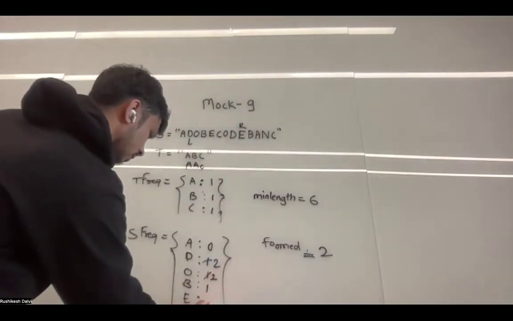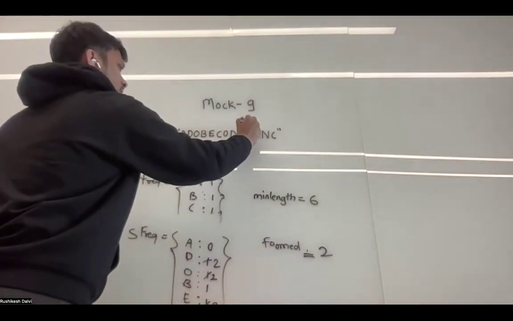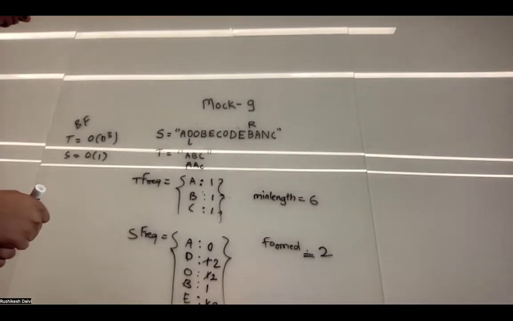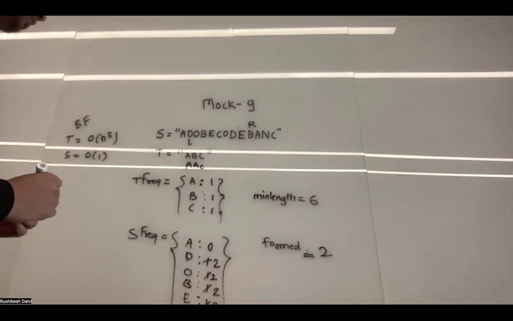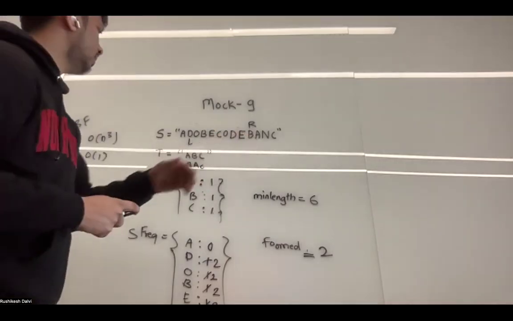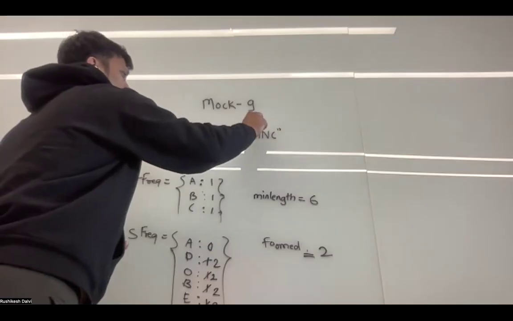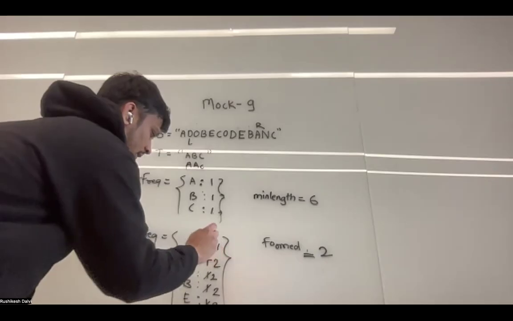R here, E will become 2. But I don't have any A in my current window, so I will keep increasing R. So R will be here. Now my A becomes 1 again.